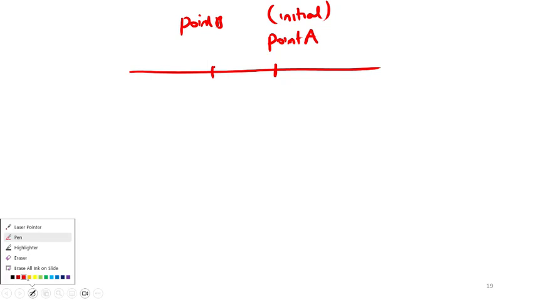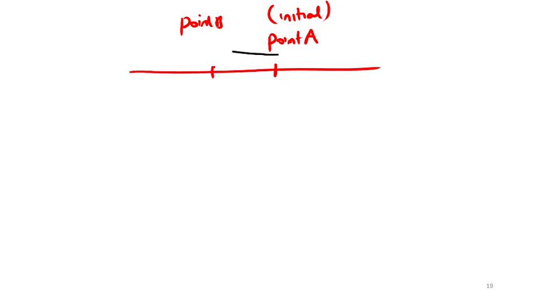Say that the particle was here, point A, the initial point, and then this is point B, and then the particle moves this way to point B, and then it goes back to here, and let's call this point C.